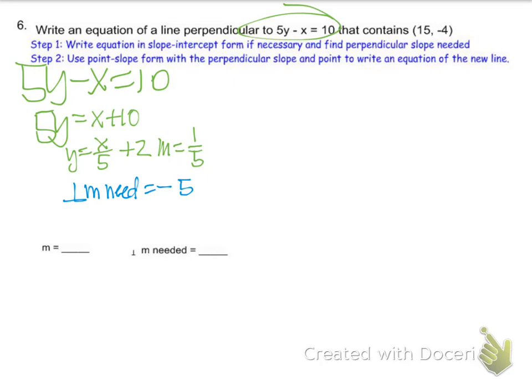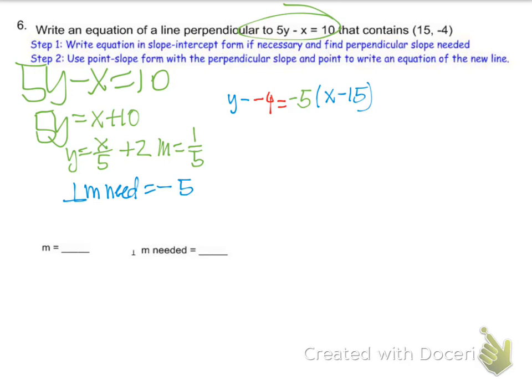So now I have my slope, and I have my point of 15, -4, so I'm going to go y minus -4 equals, well, my slope is -5 times the quantity x minus 15. Alright, then we'll go ahead and solve.